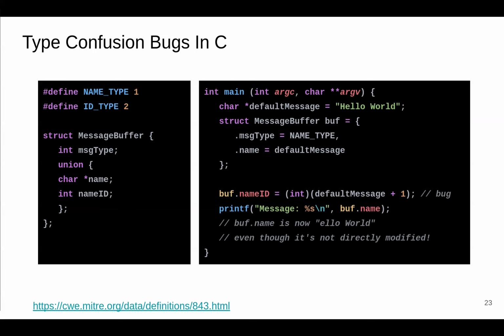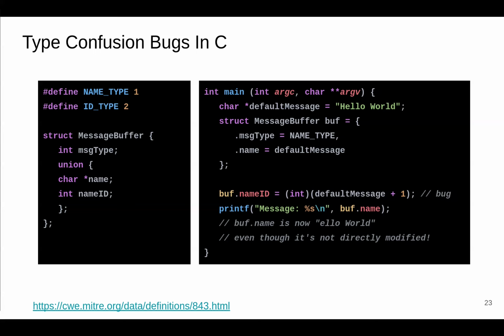Okay, a little bit later in the code, there's a bug that says buff.nameID. It accesses the second field, which is a type violation or type confusion. It assumes it's an ID type, right?